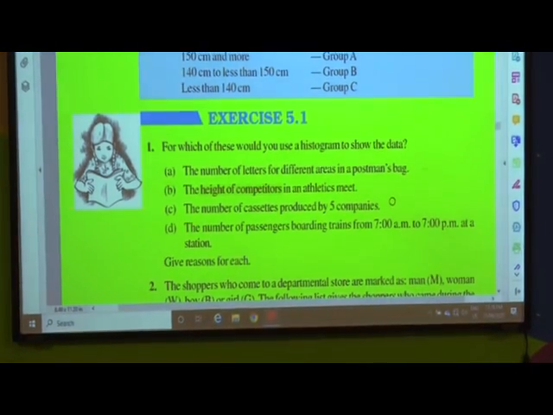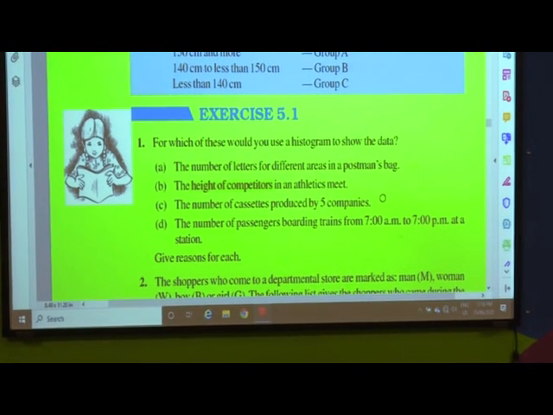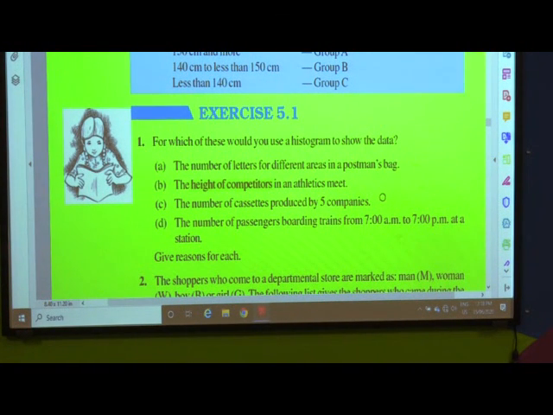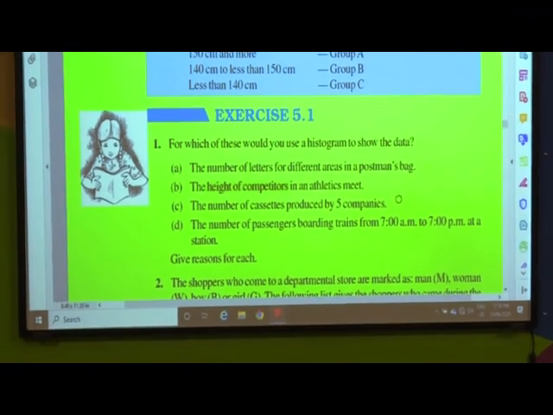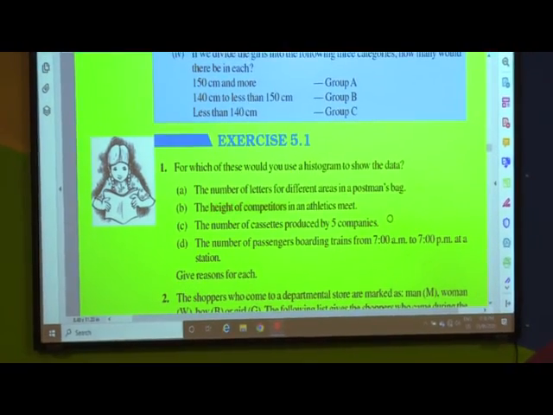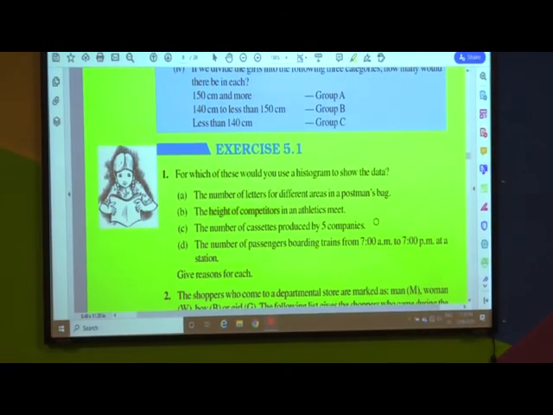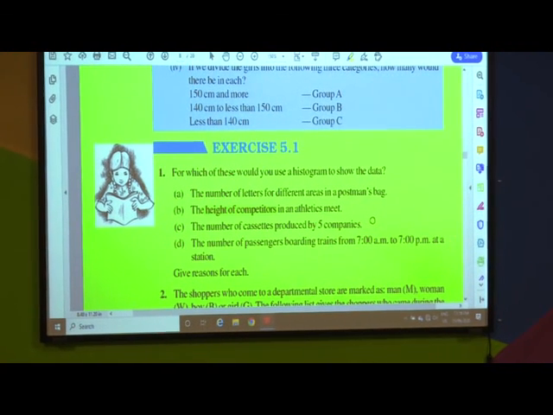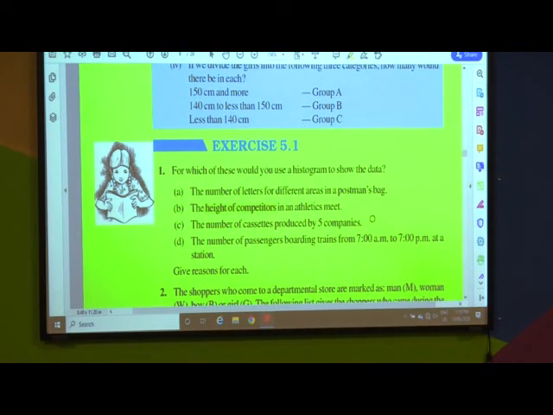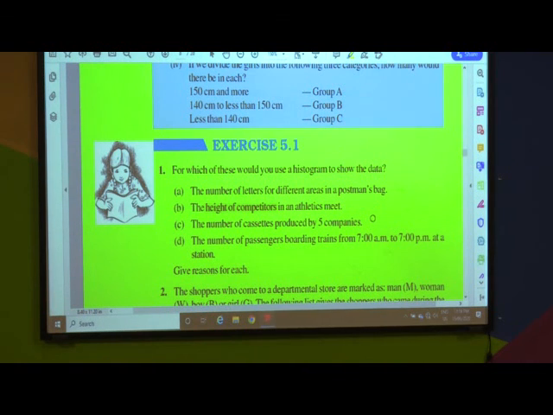Now what about the class intervals? In the case of postmen, I cannot find class intervals for areas. In the case of competitors in an athletics meet, I can make class intervals of height: 5 feet to 5.5 feet, 5.5 to 5.10 feet, and so on.